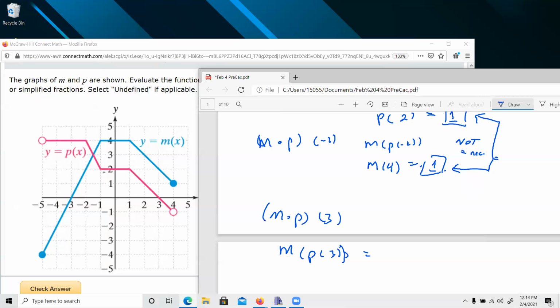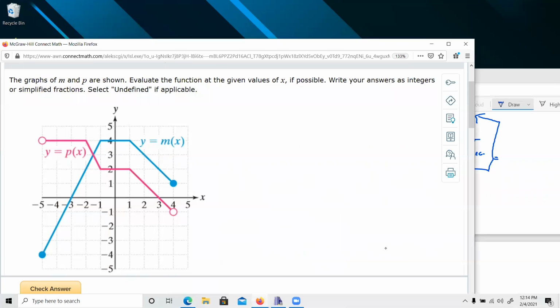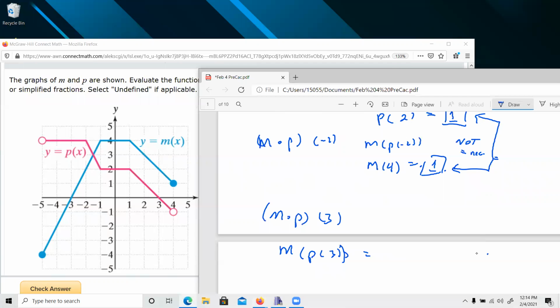Okay, what's P of 3? P of 3 is 0. What is M of 0? The input was 3, and we went through P of 3 and got 0. Then this 0 is now the input for M, and we're going to get a different output. So M of 0 is all the way up here, 4.